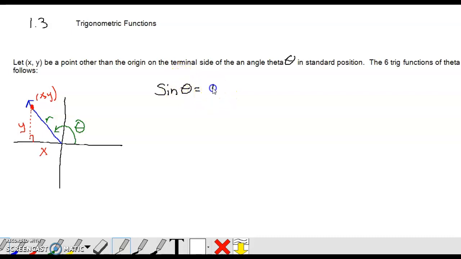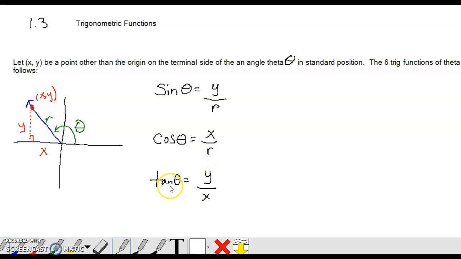It will always be your y over your r, okay? So again, y over your hypotenuse. Your cosine of theta will always be x over your r. And then tangent of theta is y over your x, right?